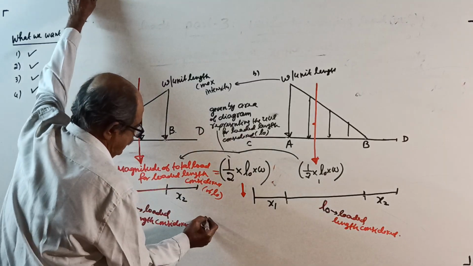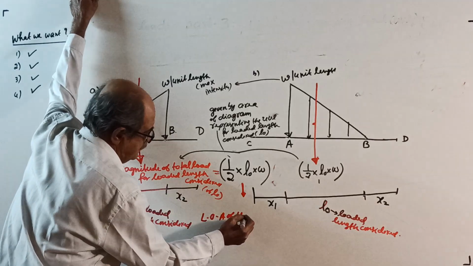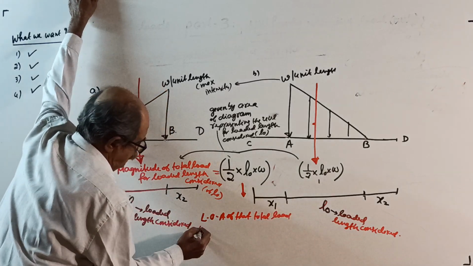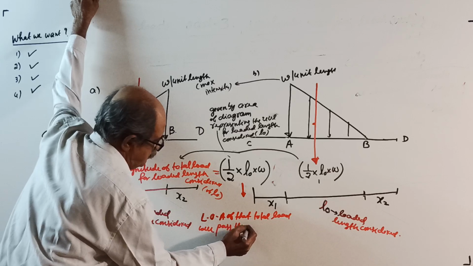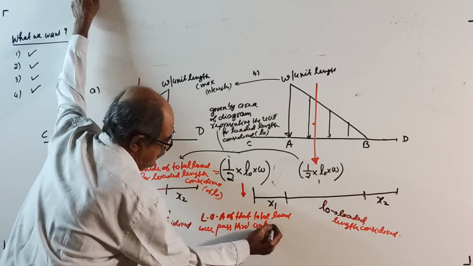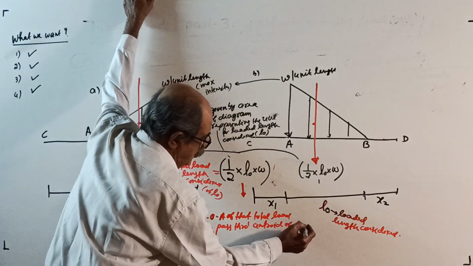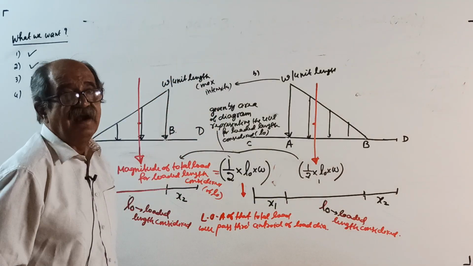Okay, now where is the line of action? Make a note. Line of action of that total load will pass through the centroid of the load diagram. Here the load diagram is a triangle, a right angle triangle.